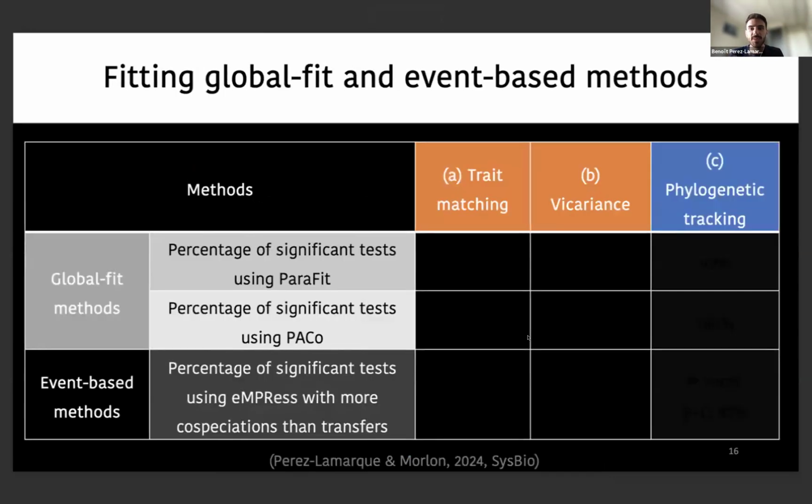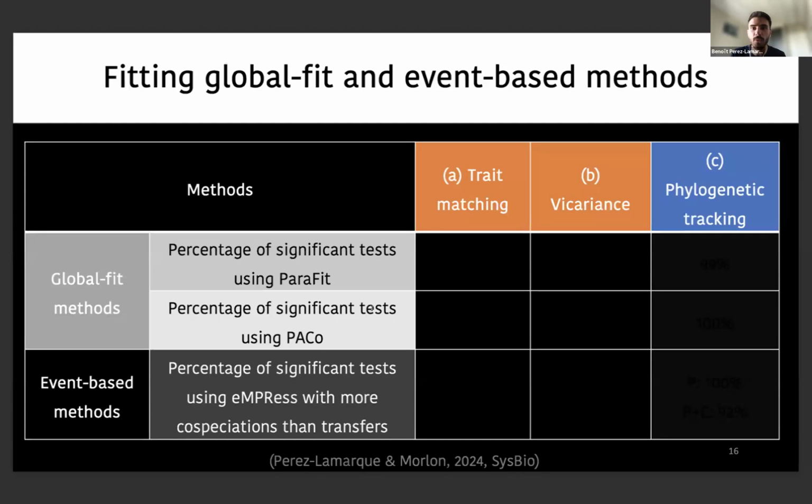For all these different simulations, we run a lot of simulations, and for each of them we run global fit methods, such as parafit and PACO, and event-based methods, such as Empress. And we look at the percentage of simulations giving significant tests for these different methods.